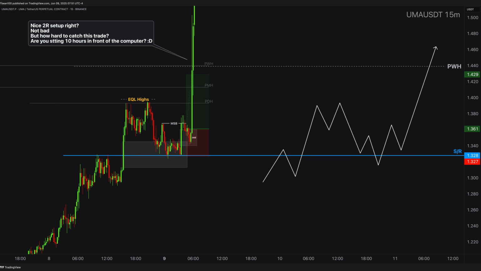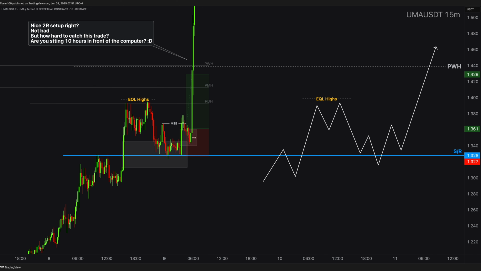First thing we did is, we looked for possible targets. So we looked for reasons for the price to move up or down. We already know the previous week high above, that was clear. But also these equal highs made things better for us, a better target.